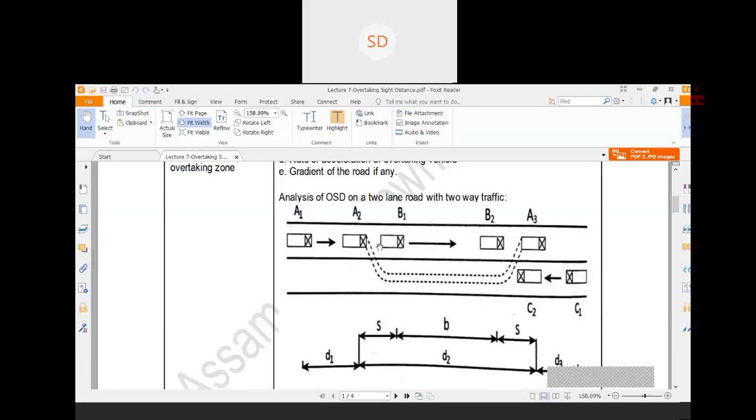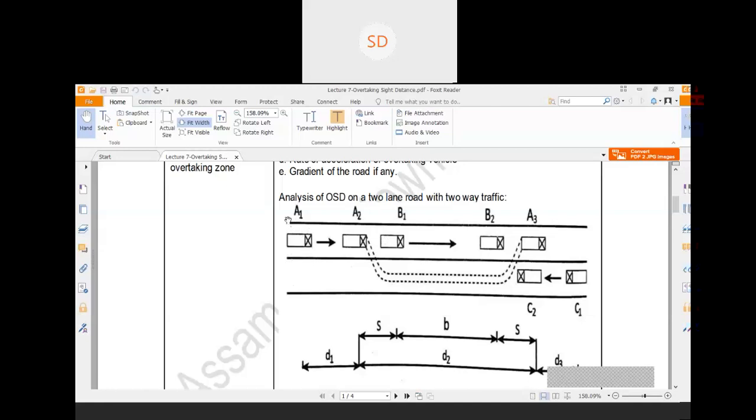Now, if we discuss this overtaking operation, first let us consider a slow-moving vehicle with initial position B1. This is a slow-moving vehicle which is moving on a highway. Now suppose suddenly another fast-moving vehicle, vehicle A1, comes behind vehicle B1.